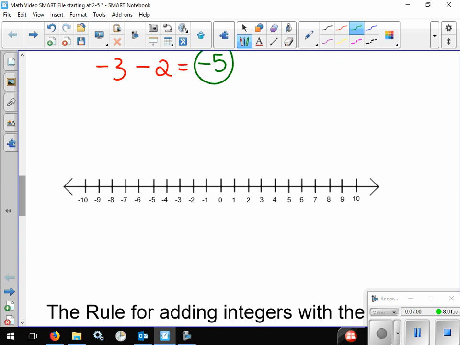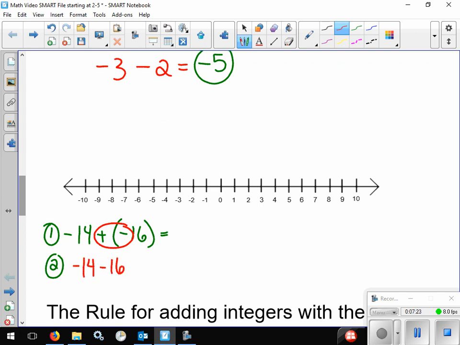If I have -14 plus, again, I'll use parentheses just to emphasize the negatives. That's all it means, just emphasis. That's my step 1, to write the problem down. Step 2 is I'm going to clean up the messiness right here. So adding a negative means subtraction. So I'll do -14 minus 16. We're still going the same direction.